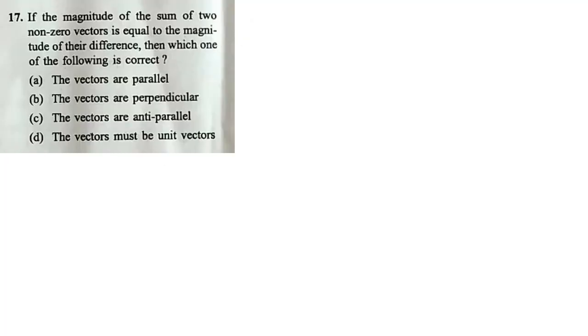Now question number 17: if the magnitude of the sum of two non-zero vectors is equal to the magnitude of their difference, then which one of the following is correct? In this question, the scenario is that the magnitude of A vector plus B vector is equal to the magnitude of A vector minus B vector. So what about A vector and B vector? Both are non-zero vectors.